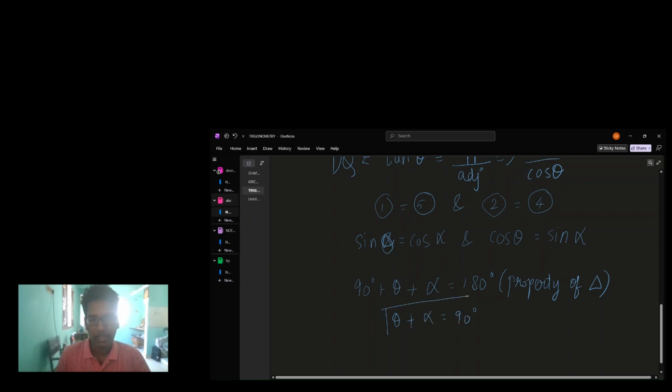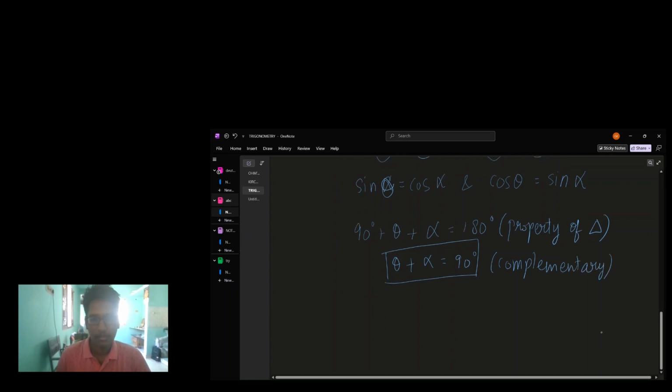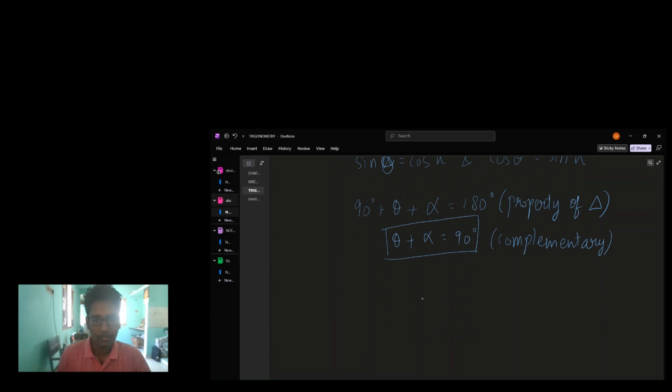So theta and alpha are complementary, which means whatever you compute with respect to theta will be the opposite for alpha.